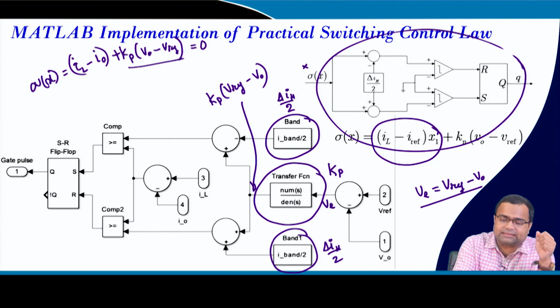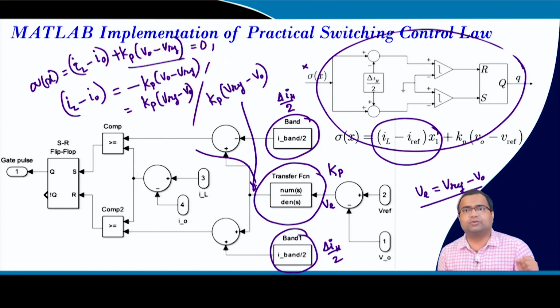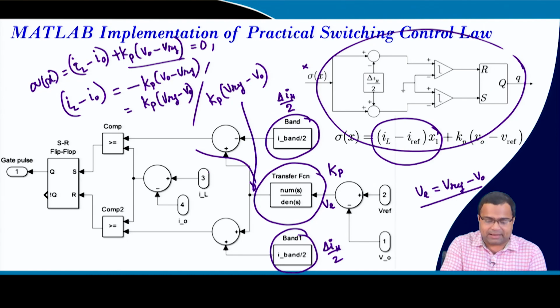So, IL minus I0 is equal to minus Kp into V0 minus Vref, which is nothing but Kp into Vref minus V0, and this is exactly what I did here. I kept IL minus I0 here.